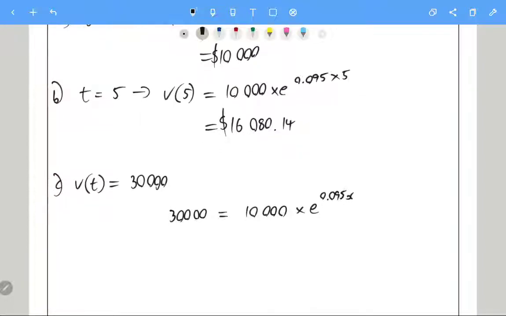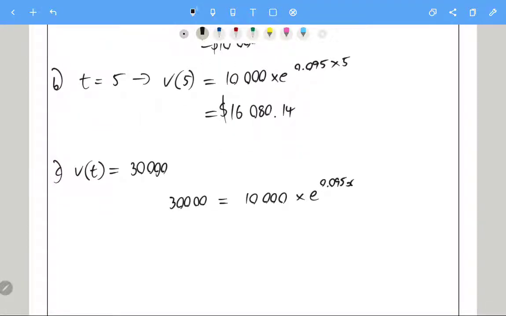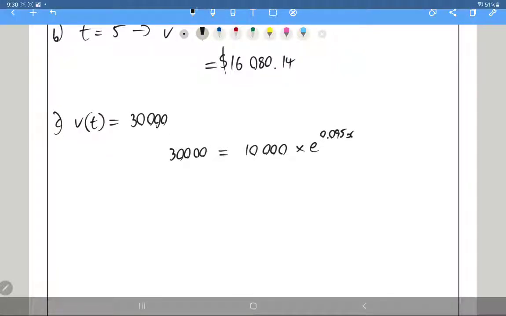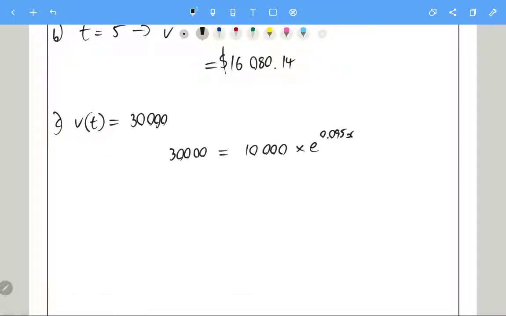Alrighty. First thing I'm going to do is move the 10,000 to the left-hand side, so divide both sides by 10,000. 30,000 divided by 10,000 is 3. And now this looks a lot more familiar, because how do I get rid of the e? Well, I take the natural log of both sides: the natural log of 3, the natural log of e to the 0.095x.